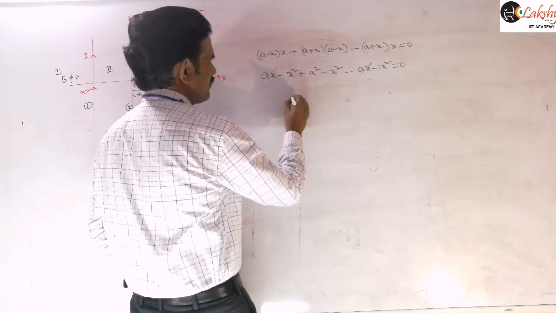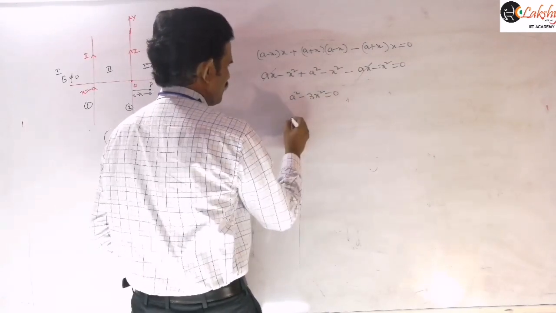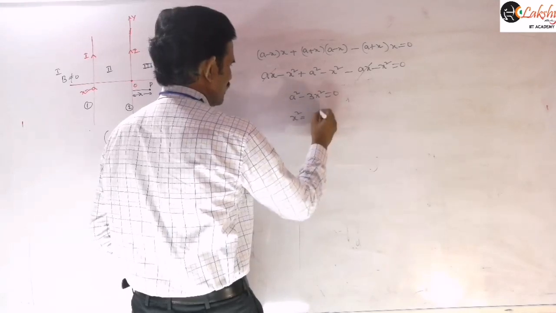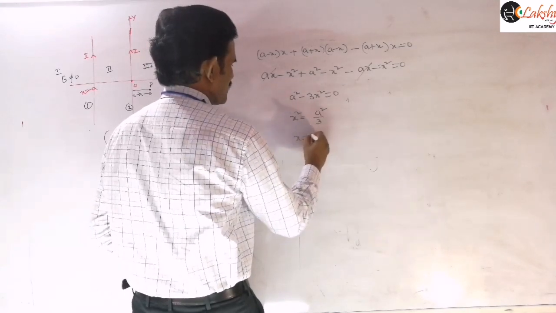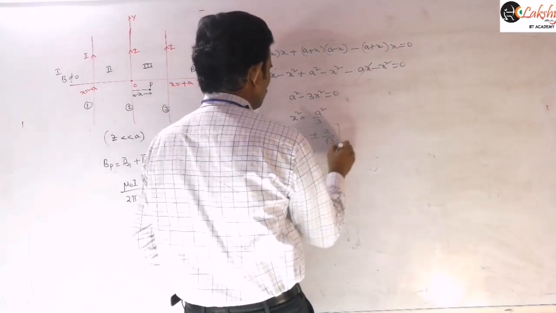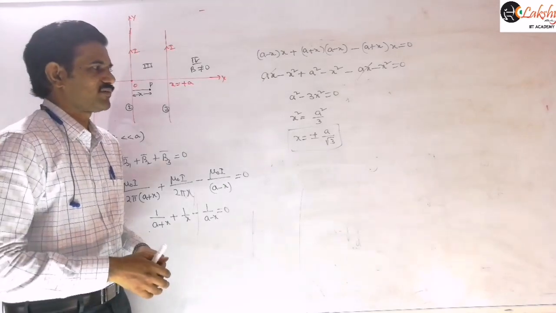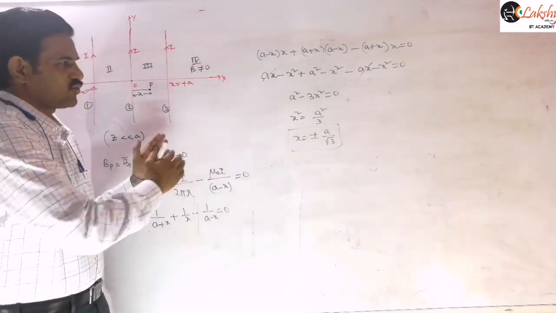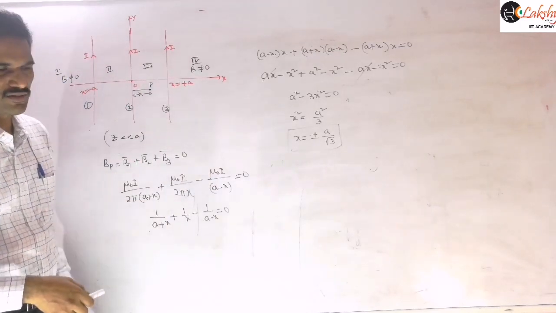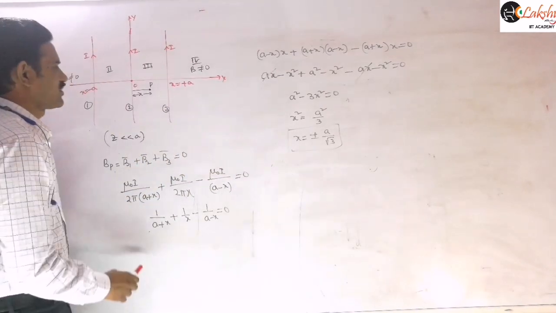So this is a square minus 3x square is equal to 0, or x square is equal to a square by 3, x is equal to plus or minus a by root 3. That means at a distance of a by root 3 on the positive side and on the negative side, you will get the neutral points. In both the regions, the neutral points are possible for that case.